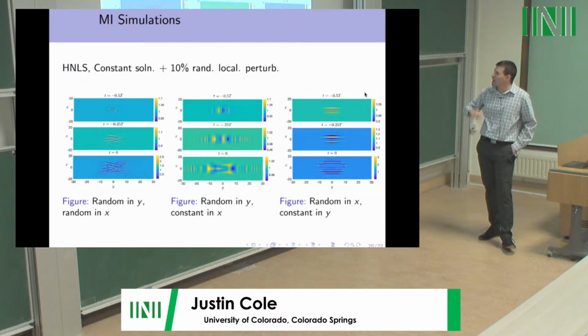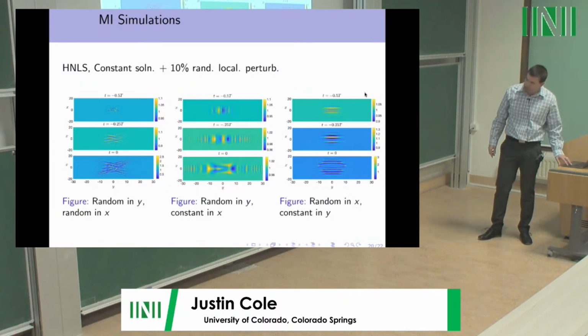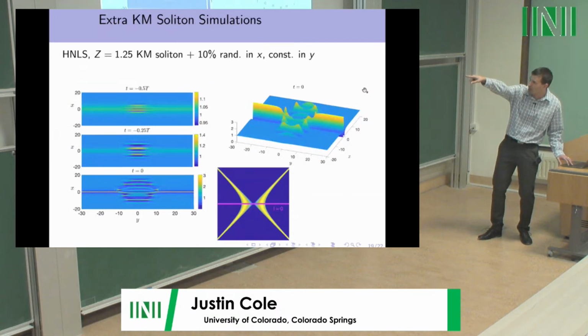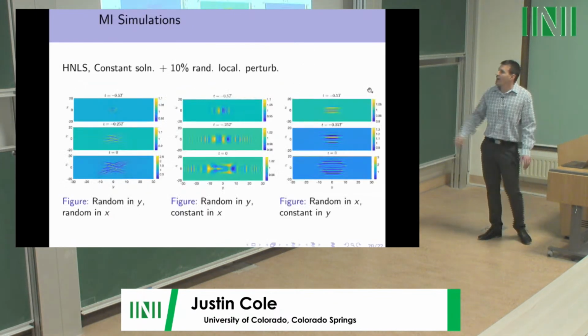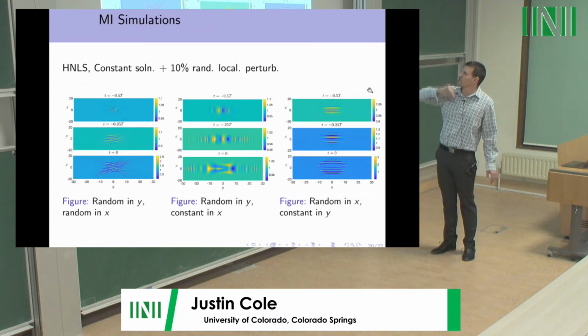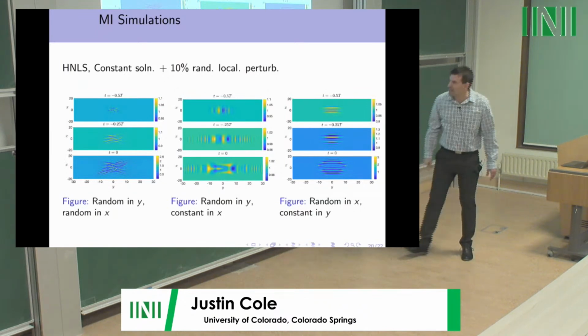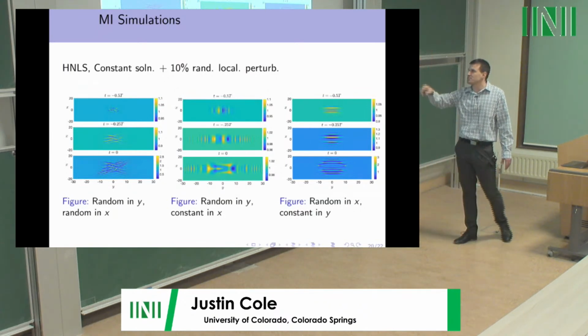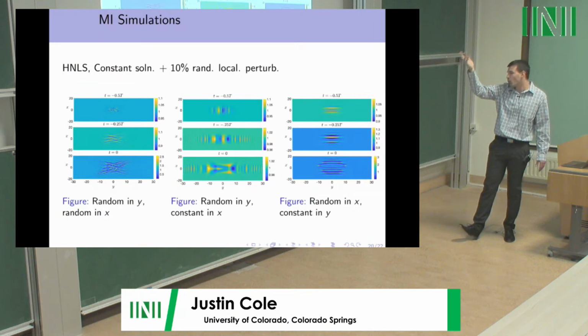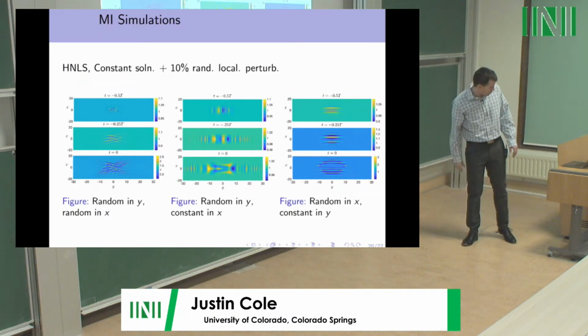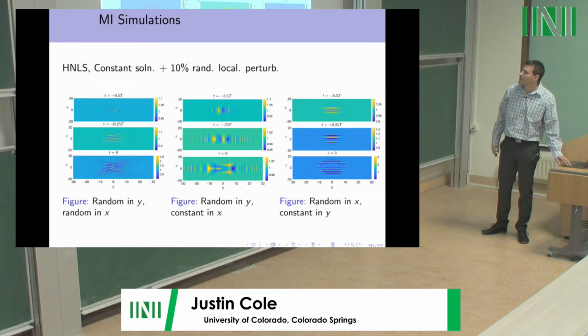If you look in the bottom right corner, you can see the instability that developed in the previous slide, the bottom left one down there. And in the middle one, if you perturb something that depends on y but not on x, if you look at the color bar, you see that nothing has grown. This is a 10%, 0.1 perturbation. Nothing has grown significantly, appreciably.